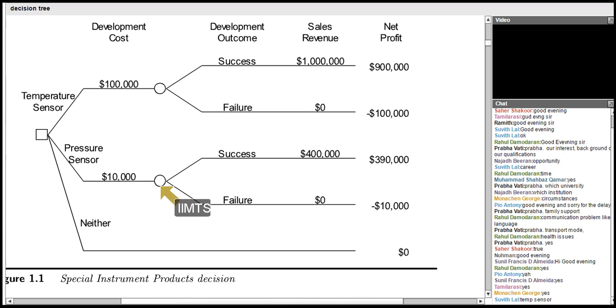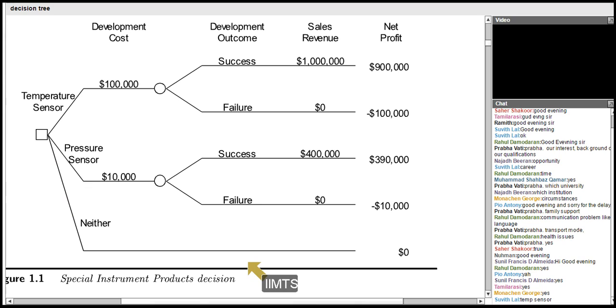But if it is a failure, then we're going to lose $10,000. If we decide not to produce either of them, then we are not losing anything, so we are not making any money.